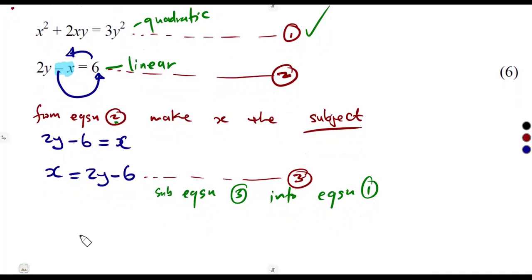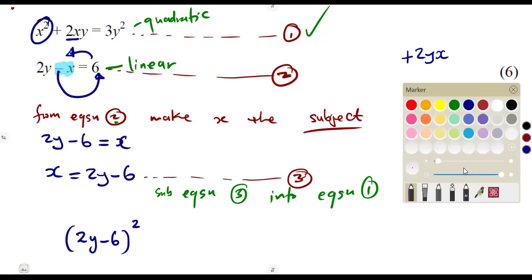So it means we were going to have, here it's x squared, 2y minus 6 squared. So it's going to be 2y minus 6 squared. All right, plus 2xy. I explained about this one, guys, to say 2xy like this. This one is the same as 2yx.